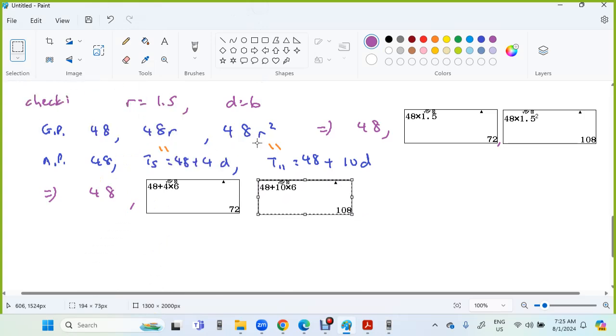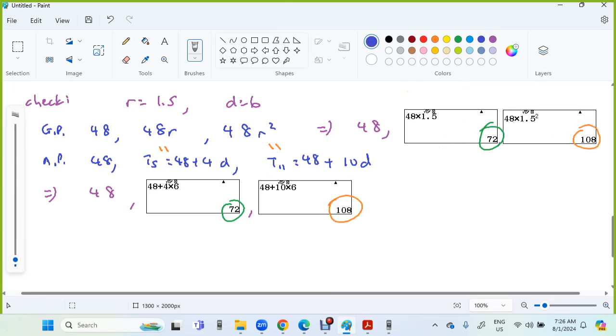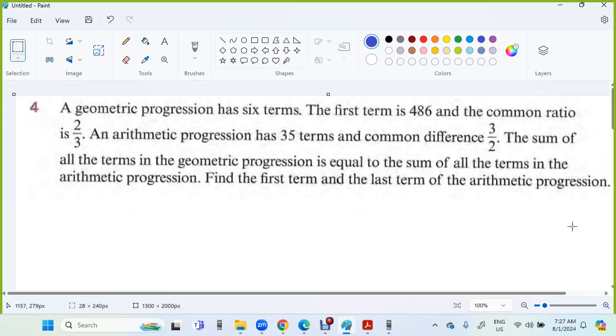So the values of r and d that I found give the first three terms of the GP as 48, 72, and 108. And for the AP, the first term is 48, the fifth term is 72, and the 11th term is 108, which is the same. Okay, correct.